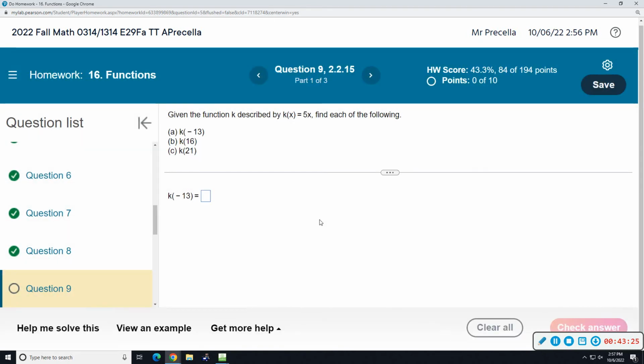Let's see. I like this one where it just says all 3 of the numbers you're supposed to plug in, so I don't have to be going back and forth. Let me write it down. Number 9. We're multiplying each by 5. Wow, they're using that letter K a lot. So the first one would be negative 65, because 5 times negative 13 is negative 65.